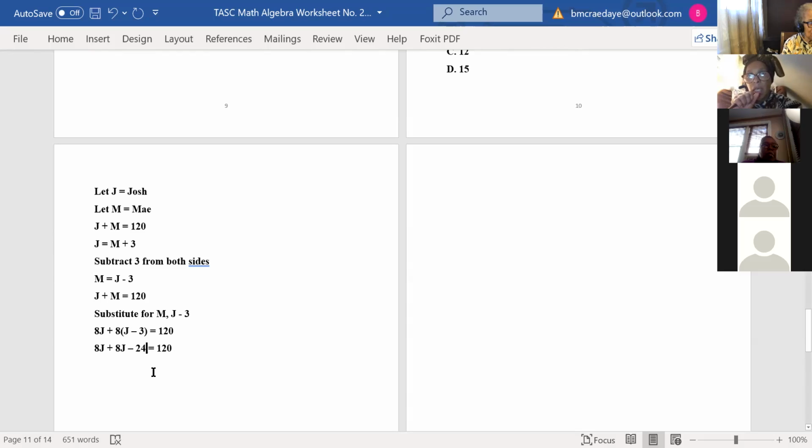These are like terms. What's 8J plus 8J? That will be 16J. That's right. You just add the coefficients. 16J minus 24 equals 120.